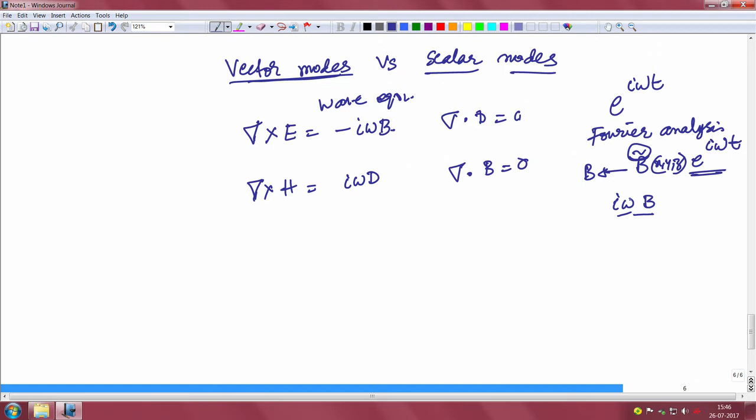The fields are harmonic. So, in order to get the vector wave equation, let us take the curl of the first equation and expand.